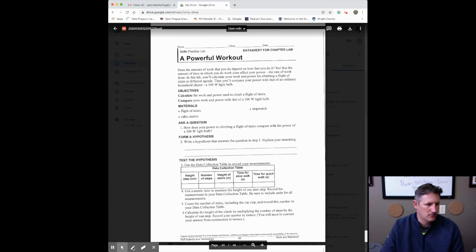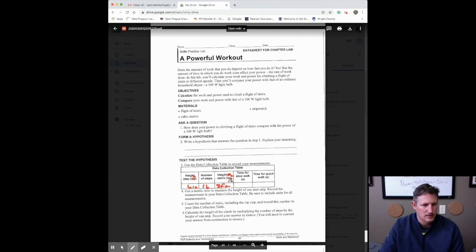Hi guys, let's finish our lab by calculating what we need to calculate going through our table here. Now, if you can remember, we changed this to inches. We changed this to feet. Now, the height of my steps was 6 inches. Yes, I know they look like 8 inches, but we're going to go with an easy number of 6 inches. And the number of steps was 16, and the total height of the stairs was 8 feet.